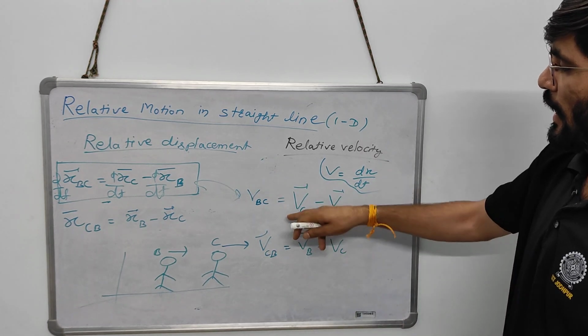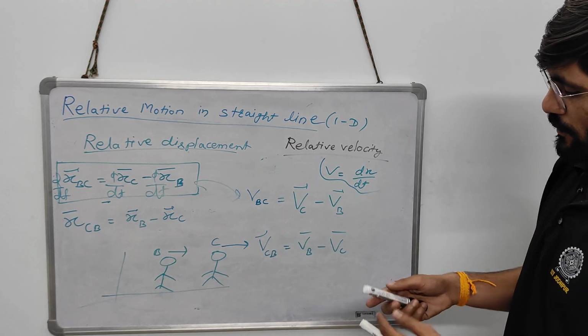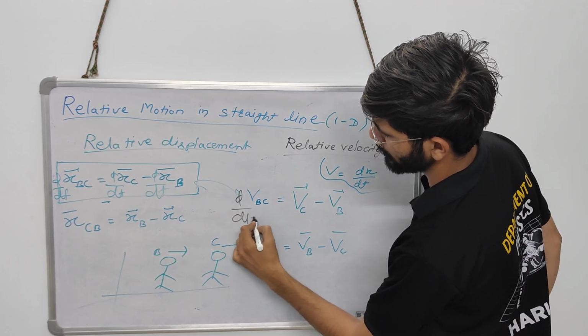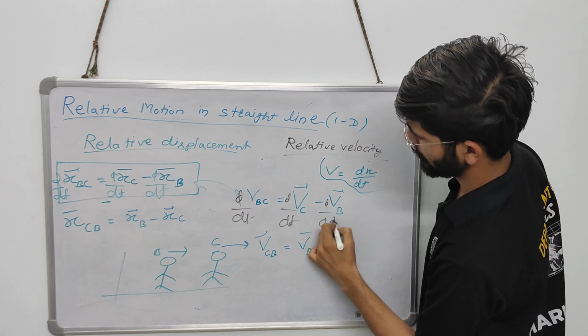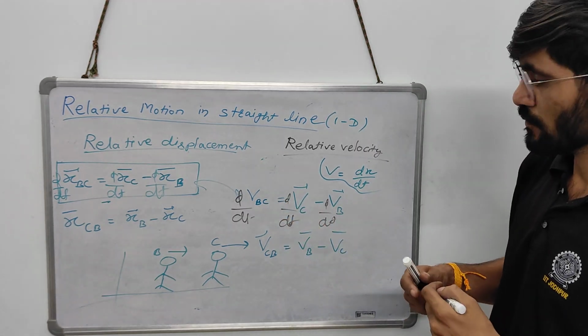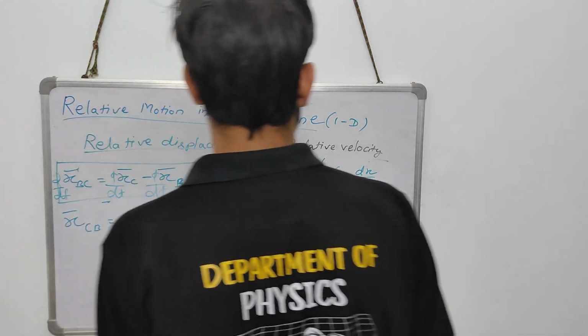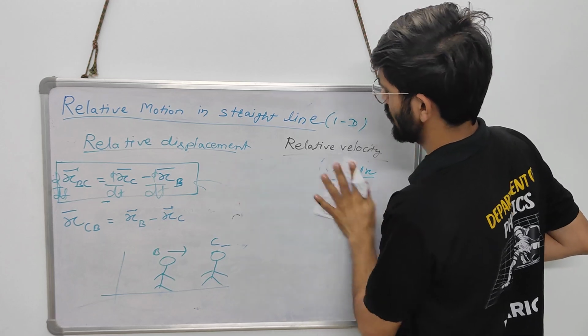Also we can derive the relative acceleration term by taking the derivative with respect to time, then this term is for the relative acceleration. So these are our three formulas.